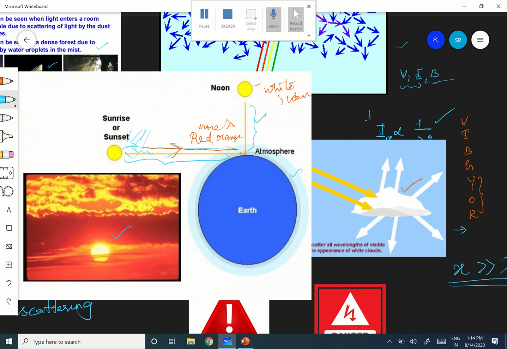That time all the lower wavelengths will get scattered. But here, during noon, it is just above our head. So very close when compared to sunrise and sunset, during noon the sun is very close to us.